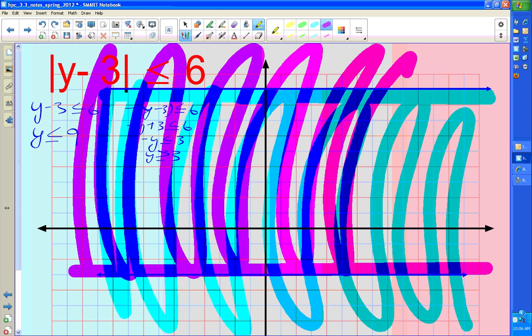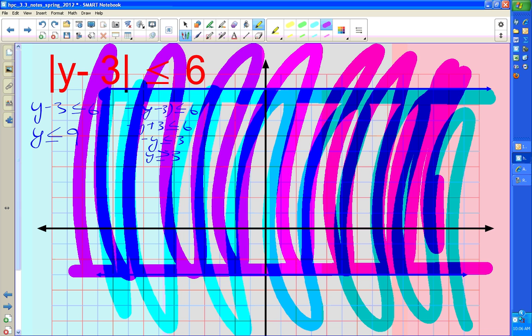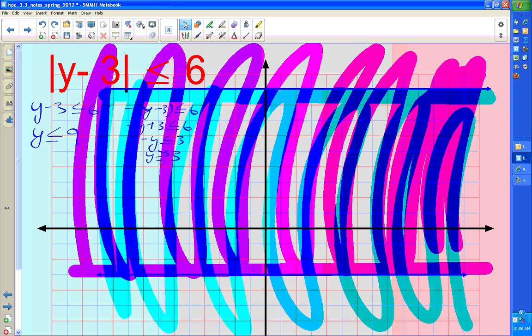And we're concerned with the overlap. The overlap is pink and blue in here. So this is your solution.